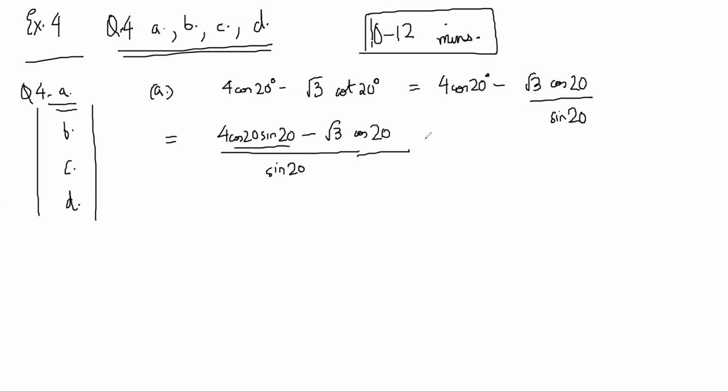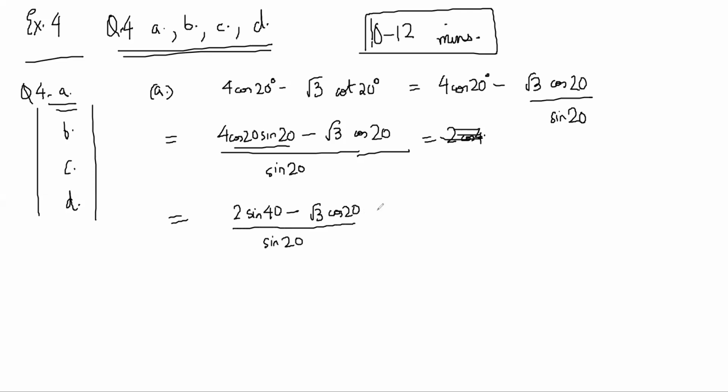This is becoming 2 times 2 sine 20 cos 20, which is 2 sine 40, minus root 3 cos 20, divided by sine 20.